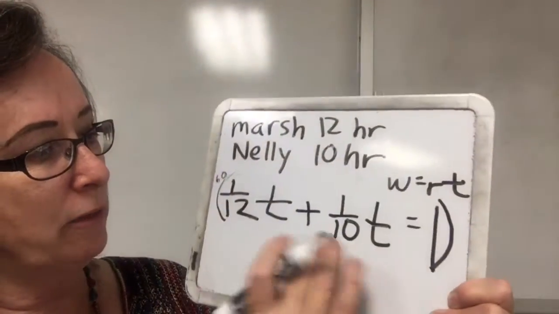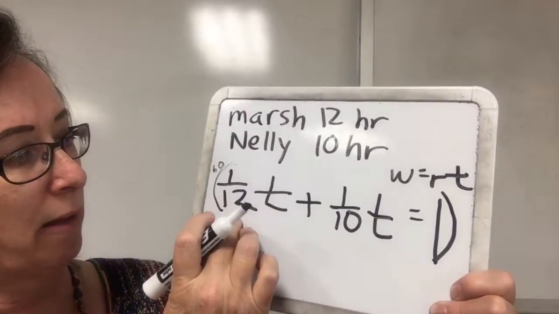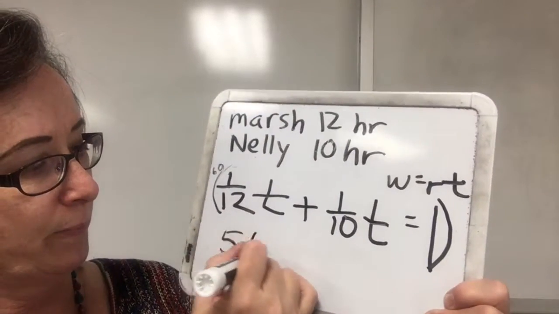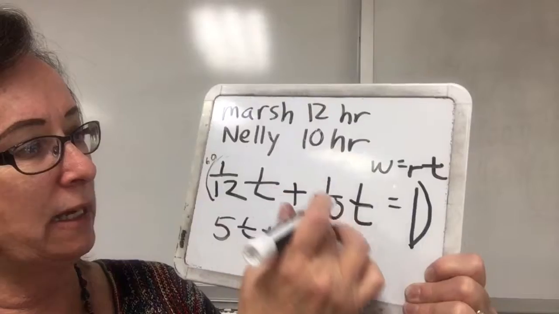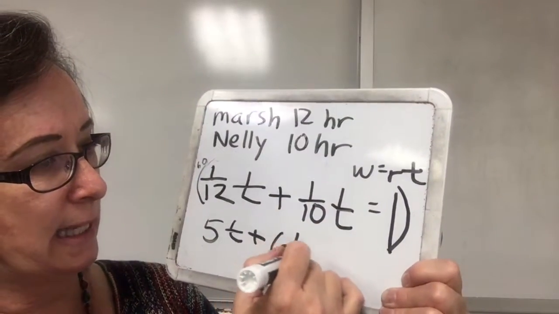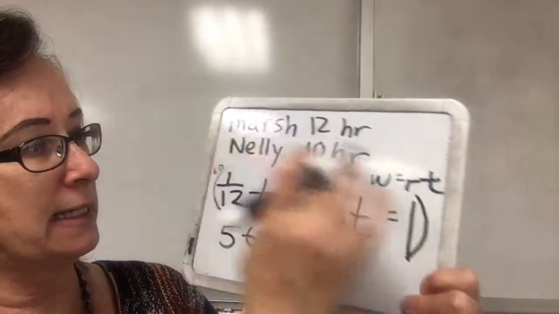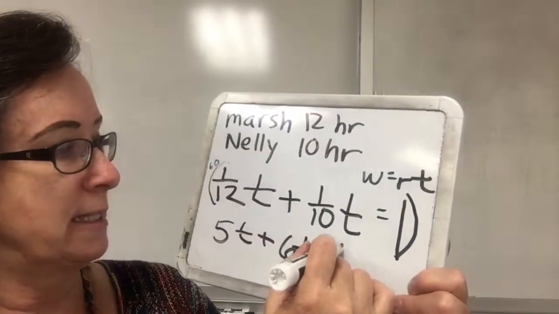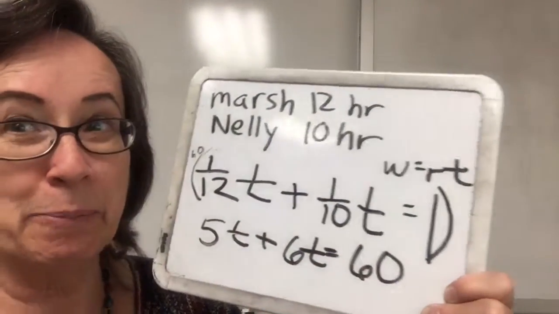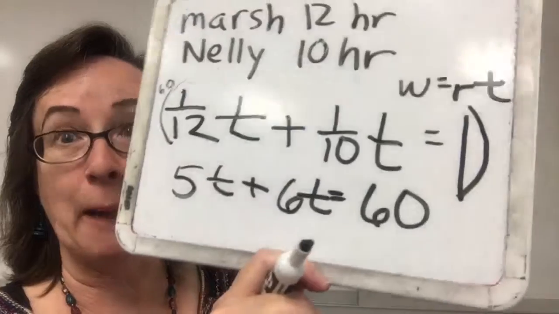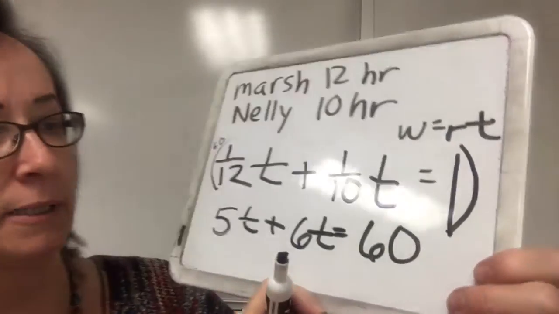Okay? And when I do that, I get 60 over 12 is 5t, plus 60 over 10 is 6t, is 60 times 1, which is 60. A lot of people forget to multiply both sides by the least common denominator.